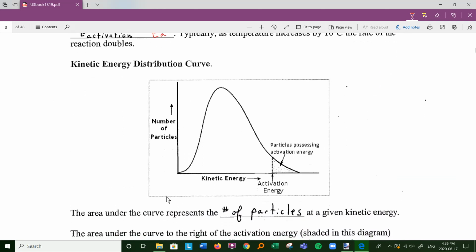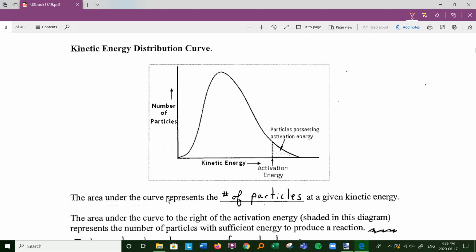So here's a kinetic energy distribution curve. So we've got the number of particles with a certain kinetic energy versus the kinetic energy. And here's my 0, and kinetic energy is increasing. And you see this region here, if you integrate under this part of the curve, those particles will have enough activation energy, and if they're hitting with the proper orientation, they will form effective collisions.